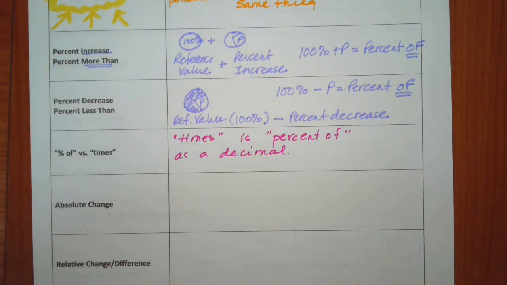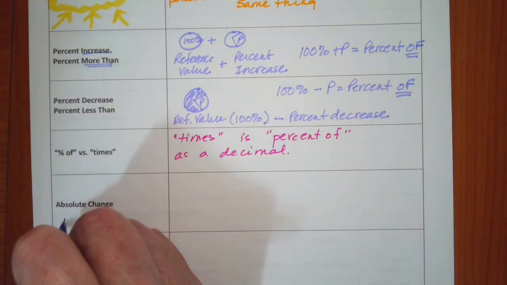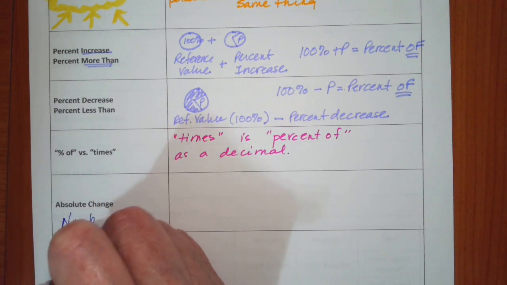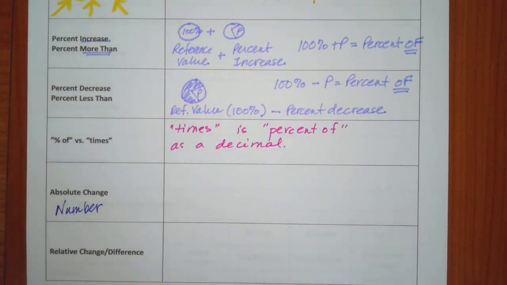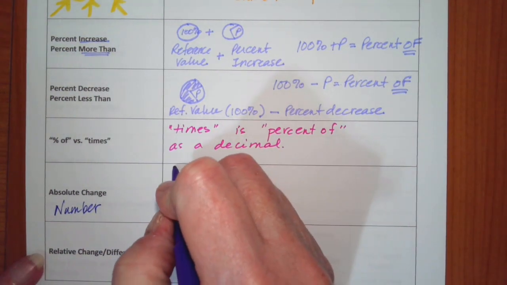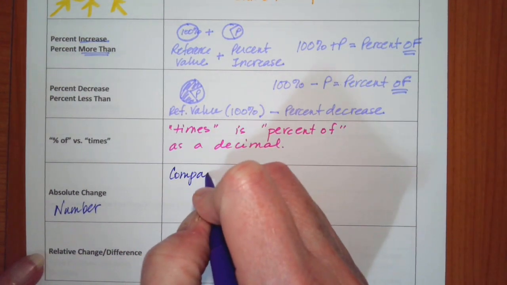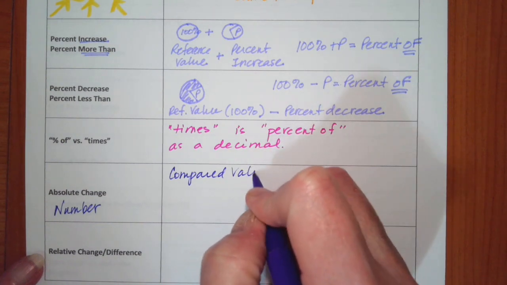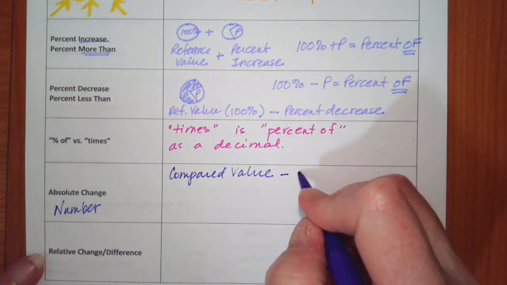Okay, so let's talk about absolute and relative change. They are related. Absolute change is a number. An absolute change is how much something has changed. If it's a price, if it is, I don't know, whatever it is, it is the compared value minus the reference value.